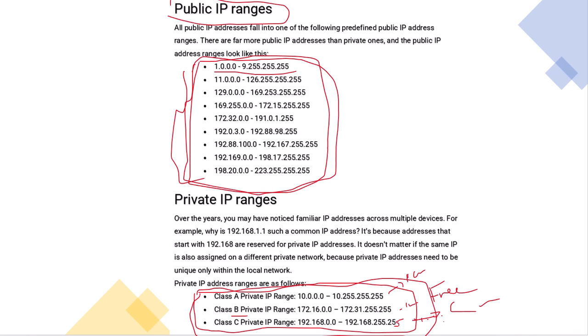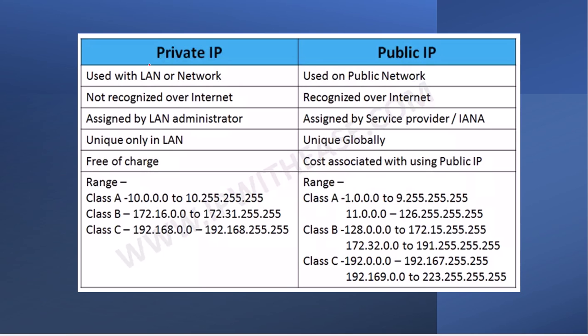There are some differences between private and public IP addresses. This one is used for LAN. This one is for the public internet, for example Google, Facebook. A private IP is not used over the internet because these addresses are used again and again. If they went via the internet, there would be conflicts and it would create a big problem, so it is not used over the internet. A public IP is recognized over the internet, and is used on the internet and ISP side.